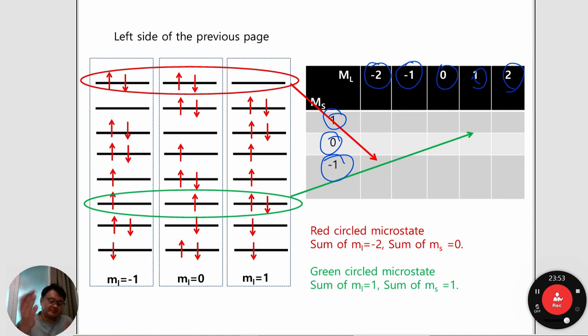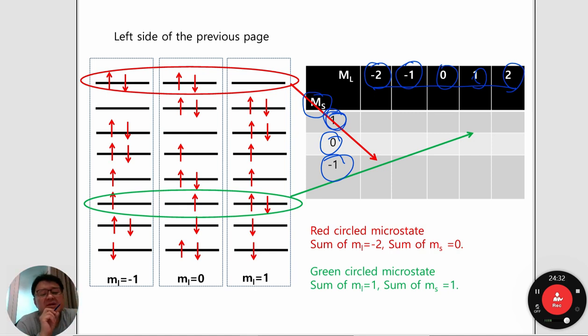If you calculate the sum of the magnetic quantum numbers of all electrons in a given microstate, and also the sum of the spin quantum numbers for all 4 electrons in a given microstate, and do that for all 15 different microstates, then you are going to see that the sum of the magnetic quantum numbers of the 4 electrons in a microstate, capital ML, can be either -2, -1, 0, 1, 2, and capital MS can be either 1, 0, and -1.